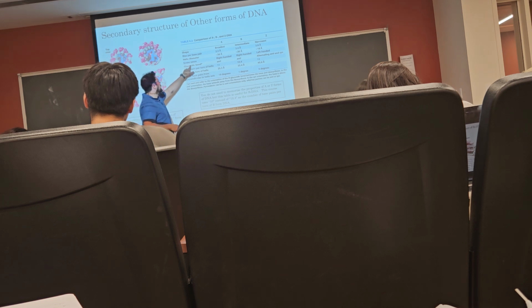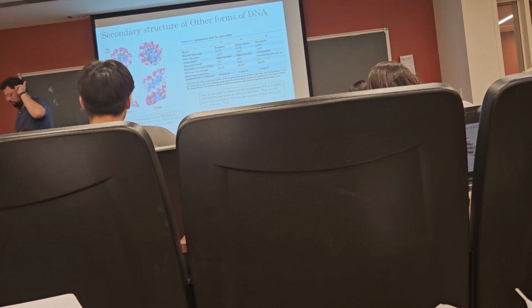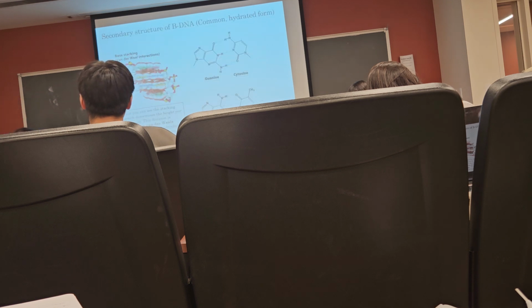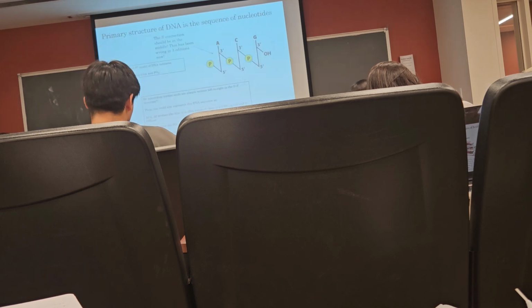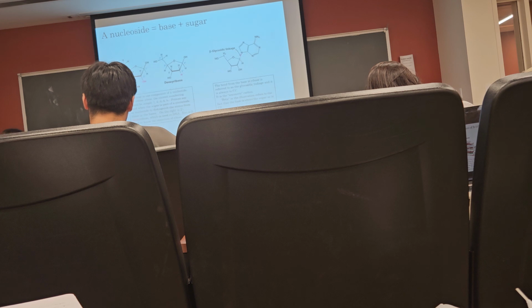So while in A-DNA they look exactly like they did on that slide before, okay? Here, in RNA and DNA, all of the nucleotides look like this. In Z-DNA, there's an alternating pattern, right, which gives it a zigzag shape.